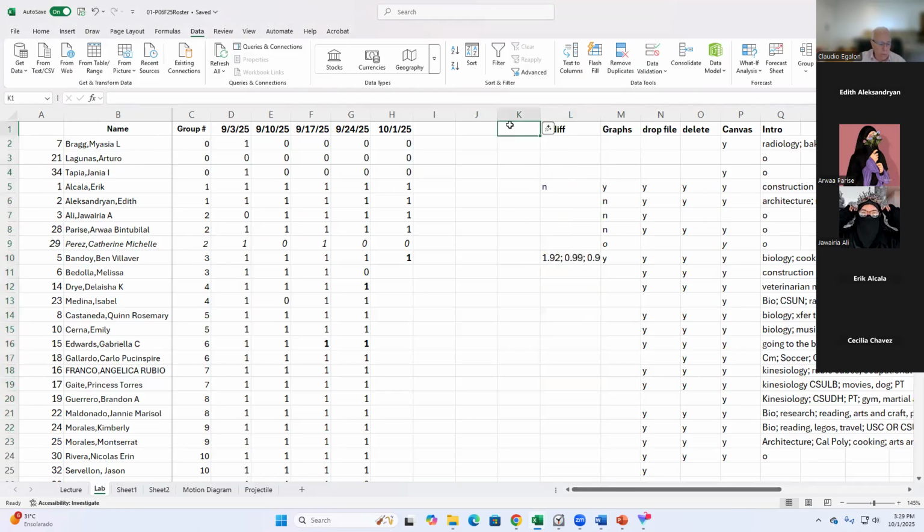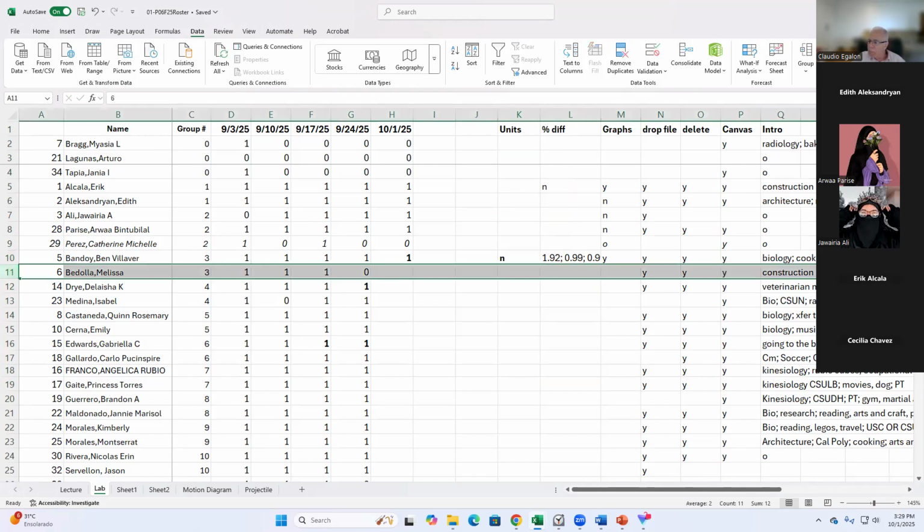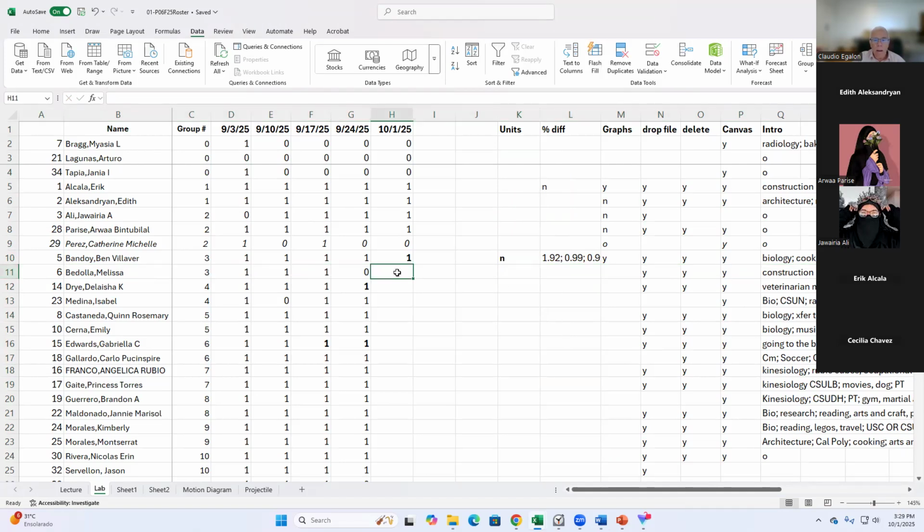Ben, units right here. No, okay. So start working on that. Let's go to Melissa. Are you here? Good. Did you plot all the three graphs, Melissa?